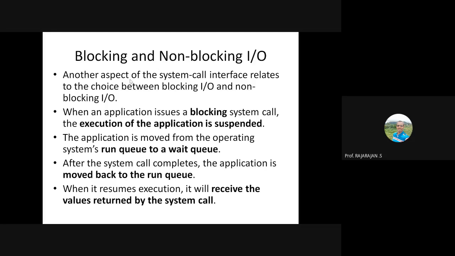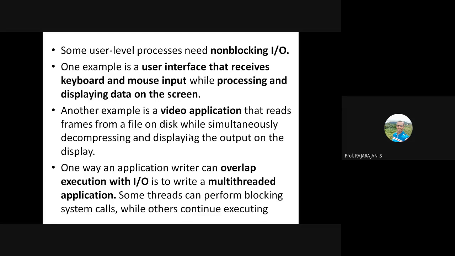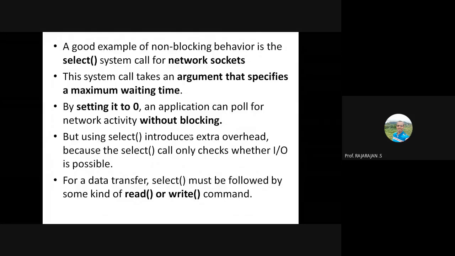So under the blocking system call, the execution of the application is suspended till the completion of the IO, whereas in non-blocking, the application will not be suspended after it has made the IO call. And we have both types of usages in a computer.